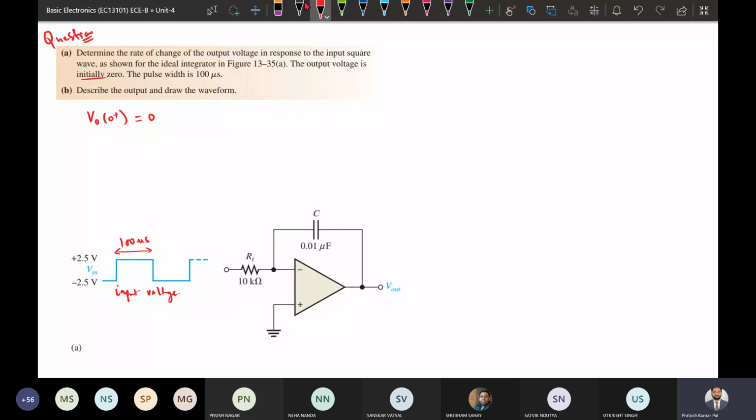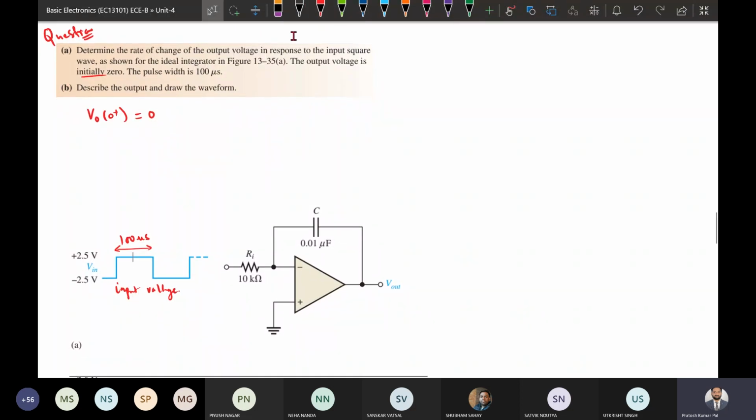We need to find the rate of change of output voltage during the time when the input given is plus 2.5 volt. If it is positive, at that time the capacitor will be charging. So at that time we need to find dVout by dt.